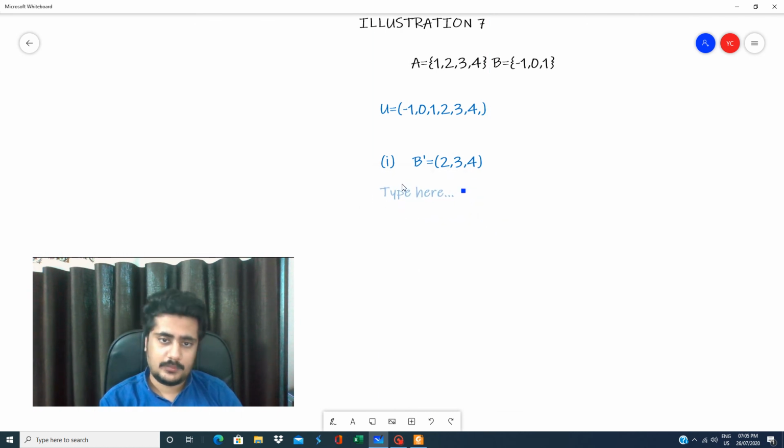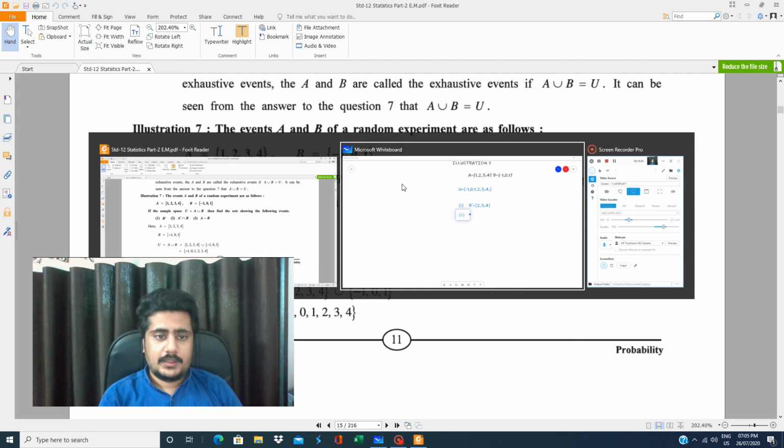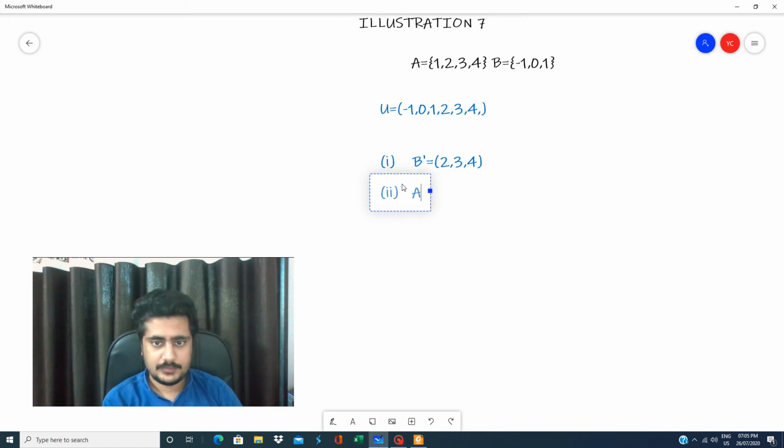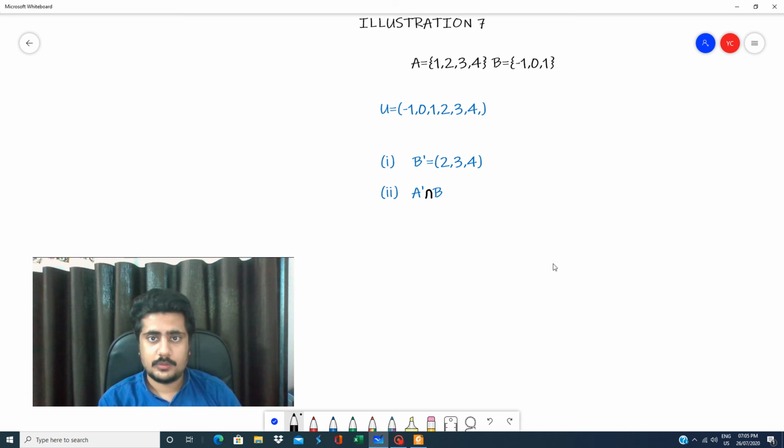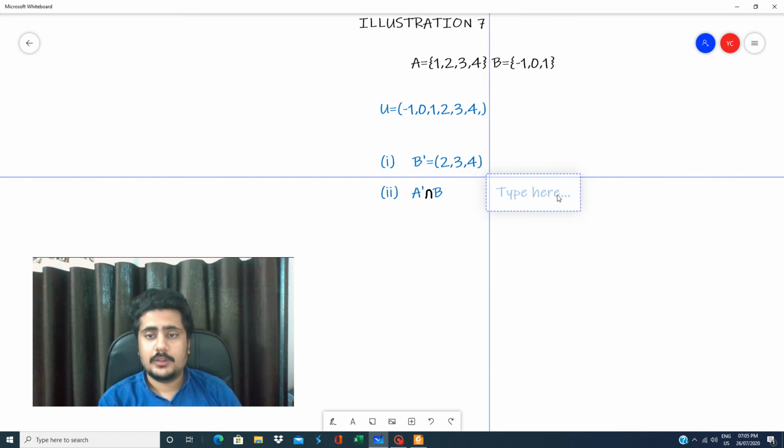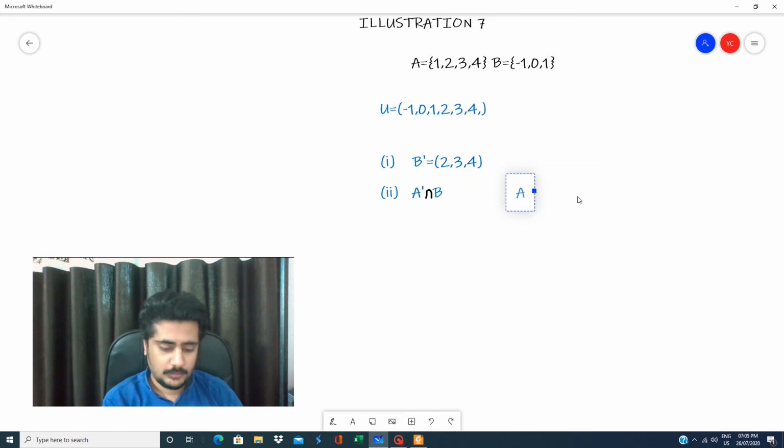Now the second one. What is the second question? It's A dash intersection B. Now if I tell you to find A dash intersection B, then from what I taught you till now, you will first find A dash.